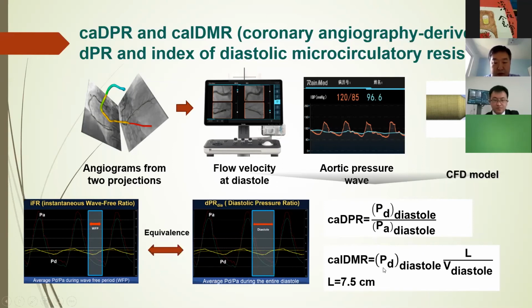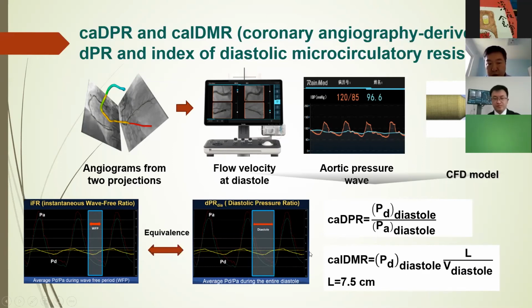CAIDMR is a PD, a diastolic pressure waveform distal to the stenosis, and the V distal is the flow velocity passing that point during the diastolic period. L is equal to 7.5 centimeters. So we propose these two parameters.